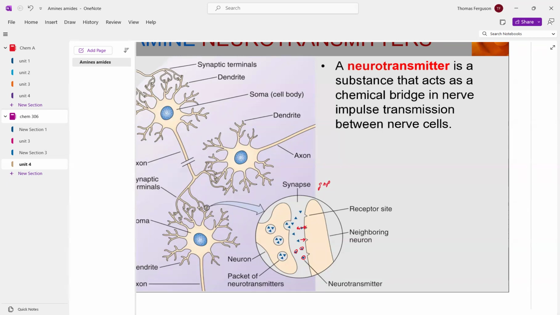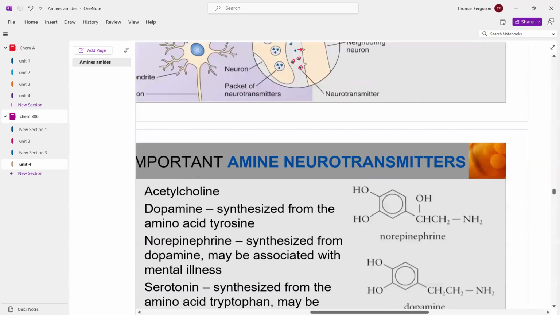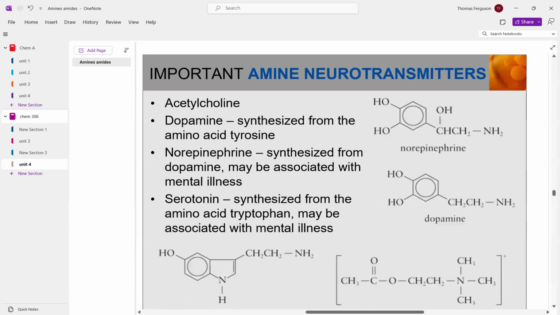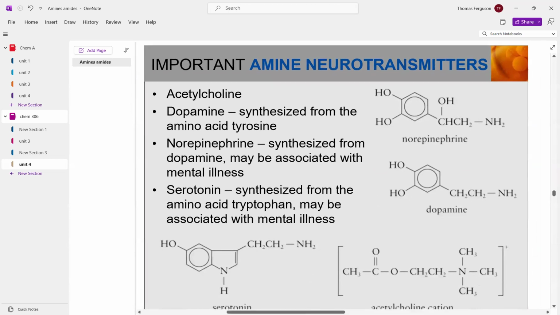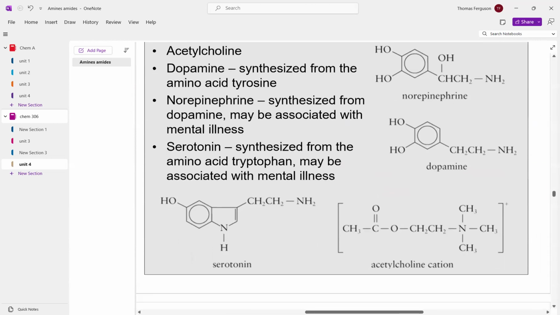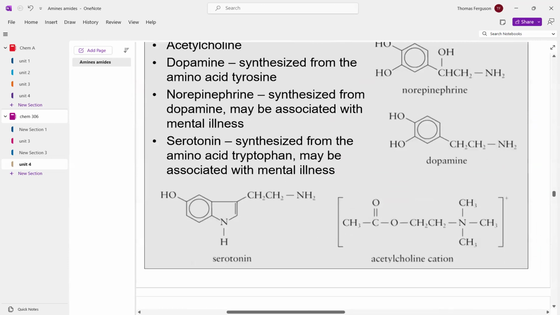There's a bunch of those out there. You've all heard of dopamine, serotonin. Here's acetylcholine down at the bottom right. These are all neurotransmitters. And you need an associated enzyme that works to pull that out of the other side of the synapse gap receptor site.